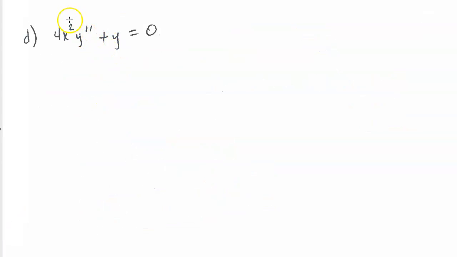So for this next example, again, we see we have the equidimensional thing going on. Notice in this case we do not have a y prime term, so we've got 0 y prime. That's going to affect our indicial equation. So what this tells us is that this is an Euler-Cauchy equation.